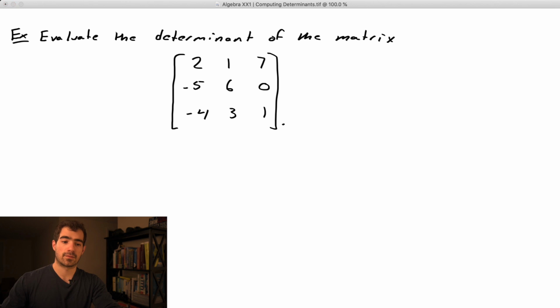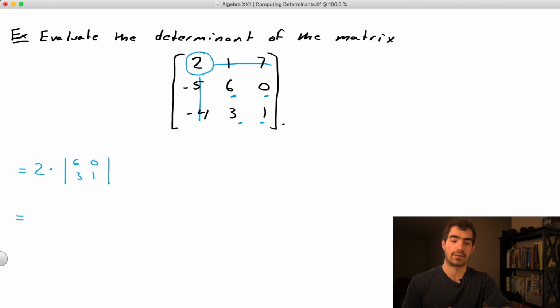The first thing that we're going to want to do here is look at that first value of 2. We know that this is going to equal 2 times the determinant of the matrix that we form if we eliminate everything in the same row and same column as 2. So that leaves us with 6, 0, 3, 1. These 4 values here.